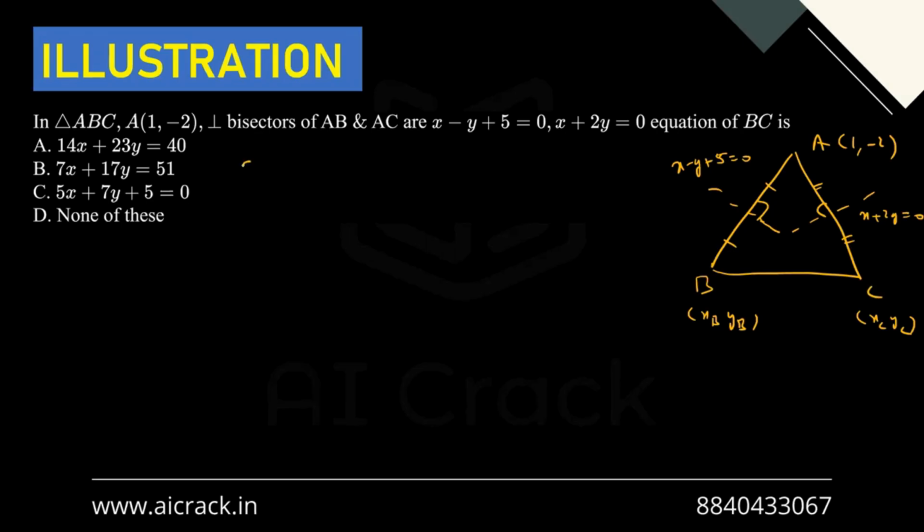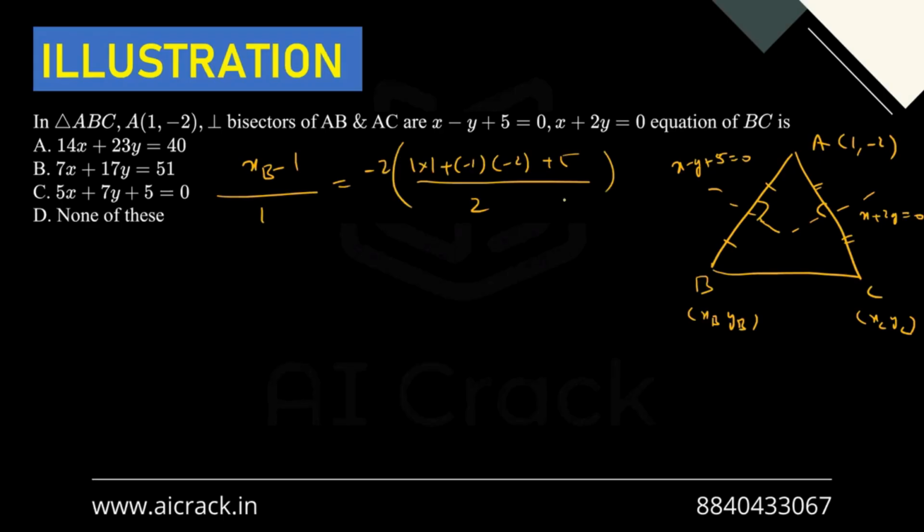So that would be (xb minus x1), x1 over here is 1, divided by a, which is 1, and that equals minus 2 times (a x1, that would be 1 times 1, plus b y1, b is minus 1 over here and y1 would be minus 2, plus c, that is 5) divided by a squared plus b squared. A squared plus b squared would be 2.